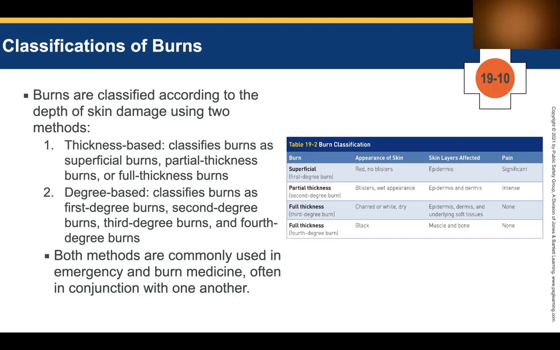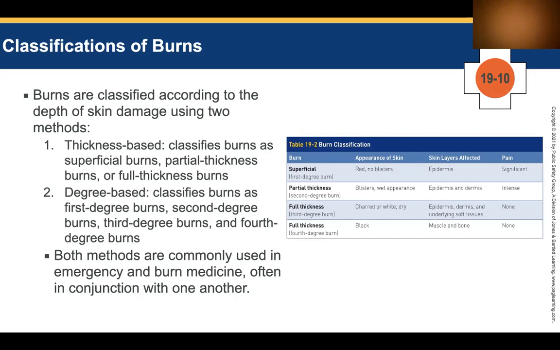And so you're going to need to be able to describe if they've got 9% of body surface that is superficial, 3% is partial, 1% is full thickness, so that you have a range of using these things to describe how the patient's burned.